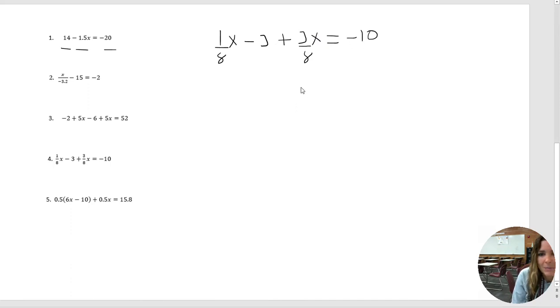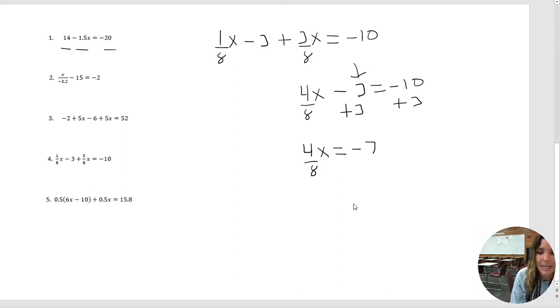So that's going to be a 4/8 x, and then we have a negative 3 equals negative 10. And then from here, we get rid of the minus 3 by doing a plus 3. So now we have 4/8 times x equals a negative 7.